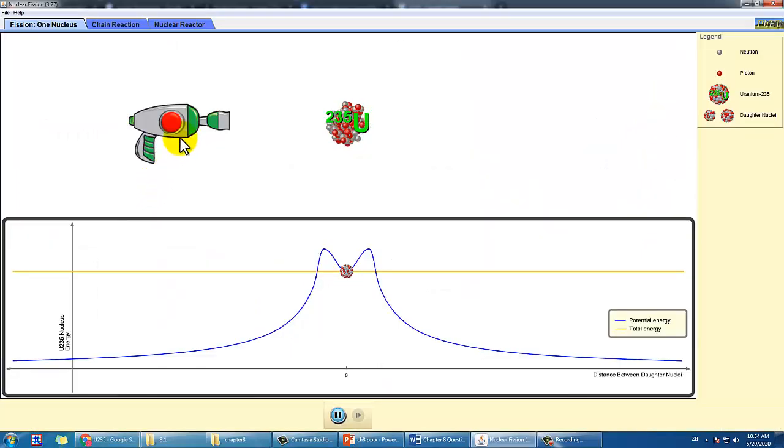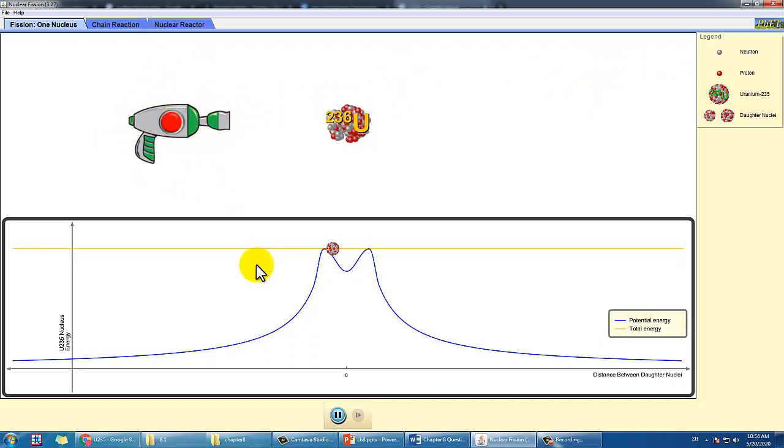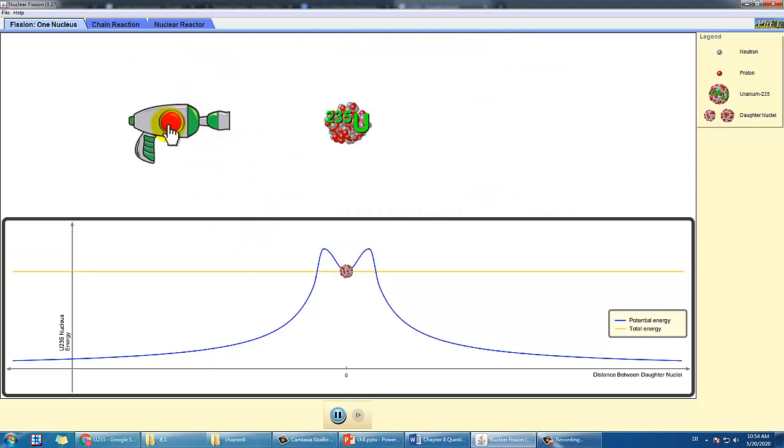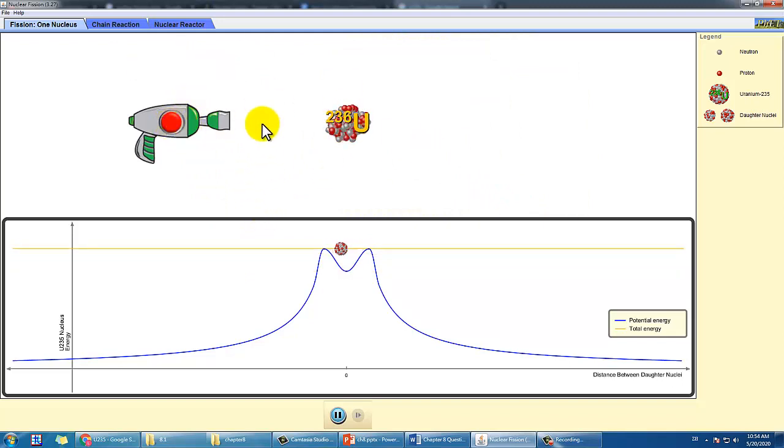So let's quickly see what happens if I shoot a neutron from this gun towards this uranium. Explosion, right? Well, people may call it an explosion. Of course, I don't really call it an explosion, it's just a nuclear reaction.